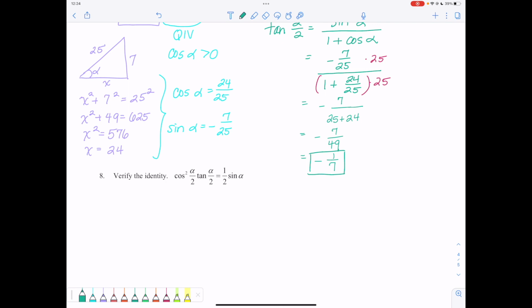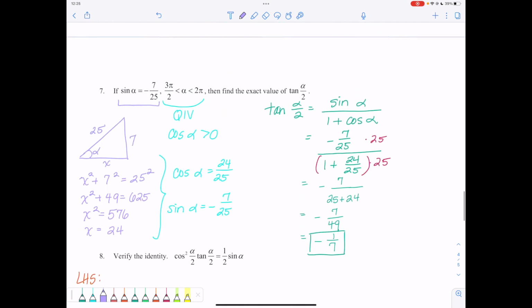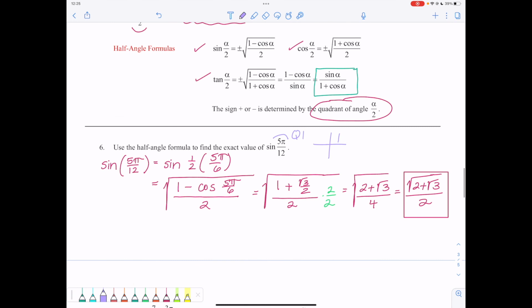So let's begin on the left-hand side, a little bit more complicated on the left-hand side. And we have the cosine squared of alpha over 2. So we're going to use this formula right here.